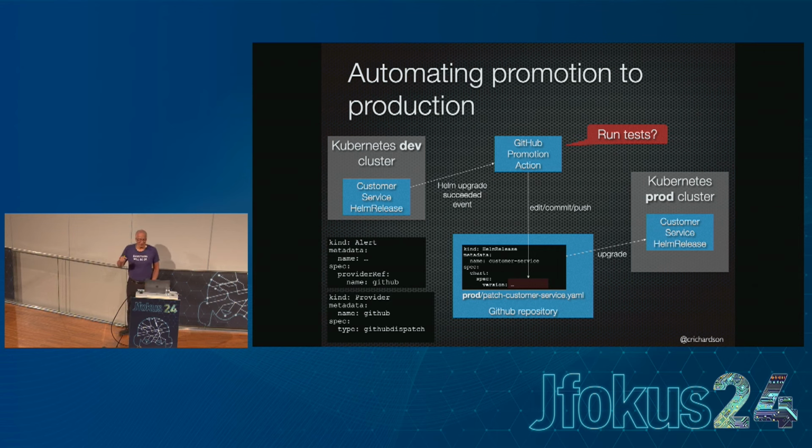But then what's really interesting, it can actually edit the production patch with the new version and commit that, do a git commit, git push, which then triggers the deployment in the production environment. So you get this automatic promotion mechanism, which I think is super interesting.